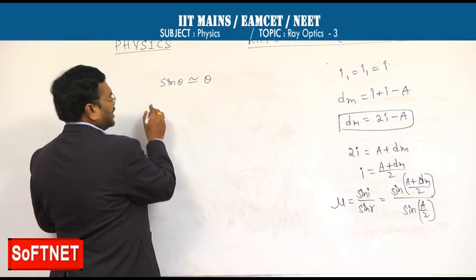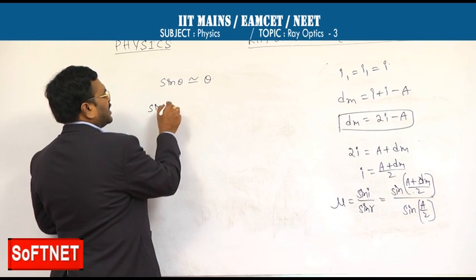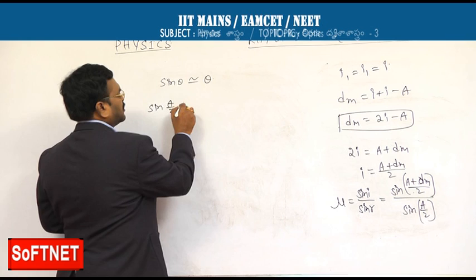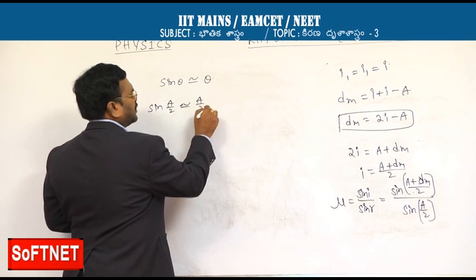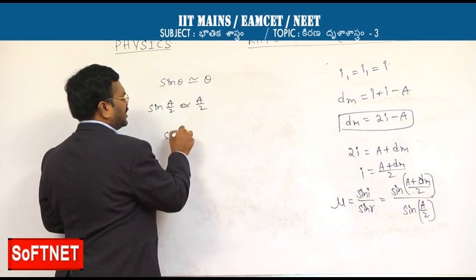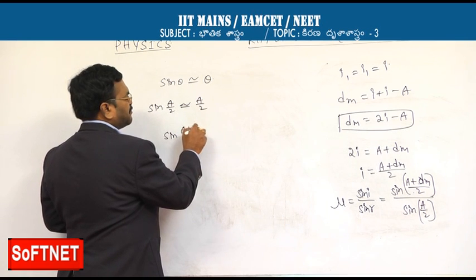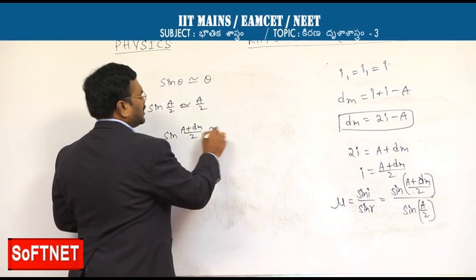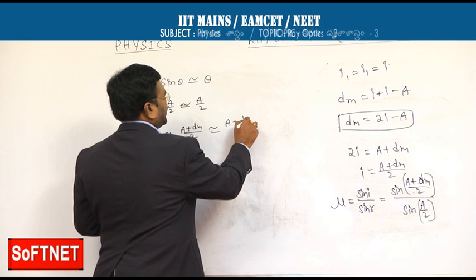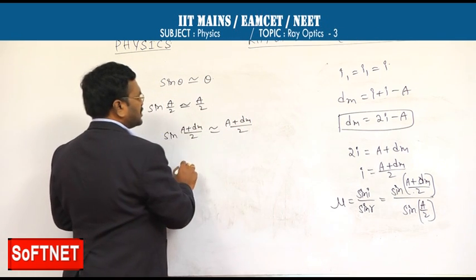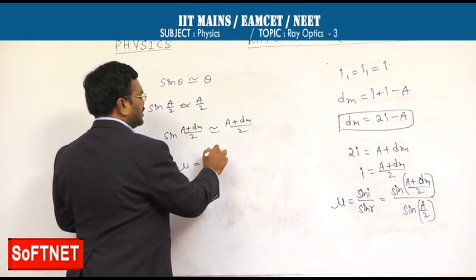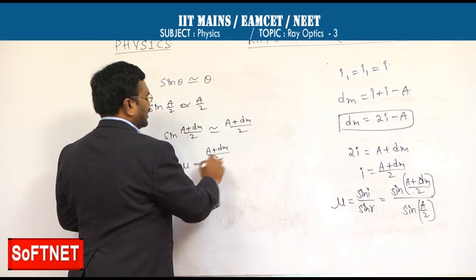So sin A by 2 is approximately equal to A by 2, and sin (A plus dm) by 2 is approximately equal to (A plus dm) by 2. From this, mu is equal to (A plus dm) by 2 by A by 2.